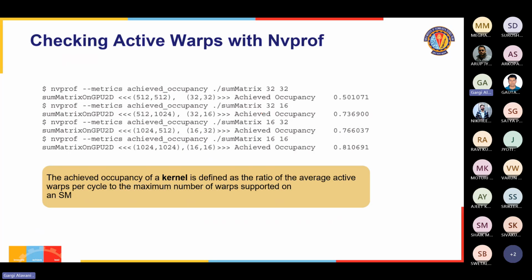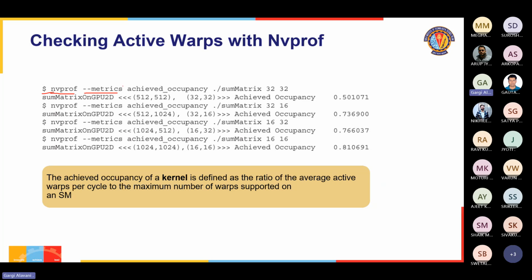Or another way is to go and profile your code. One of the NVIDIA profilers was NVProf, which is now replaced by Nsight Compute and Nsight Systems, which we will learn maybe in the evening. But the previous profiler, NVProf, was also very well built, and you could profile a lot of metrics using it.